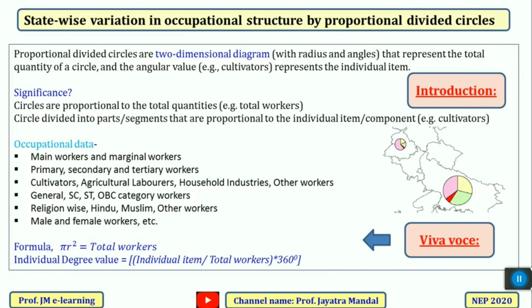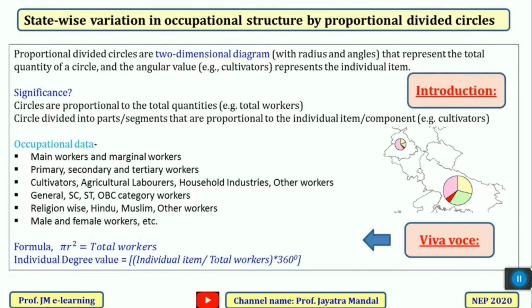Proportional divided circles are two-dimensional diagrams that represent the total quantity of a circle, and the angular value represents the individual item. Now, two-dimensional or 2D refers to a diagram that contains two geometric measurements, length and width. In our case, we need to consider both radius and the angle.